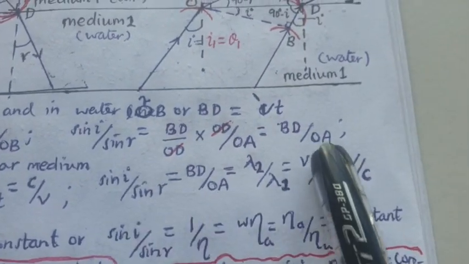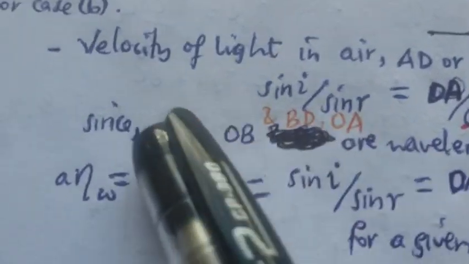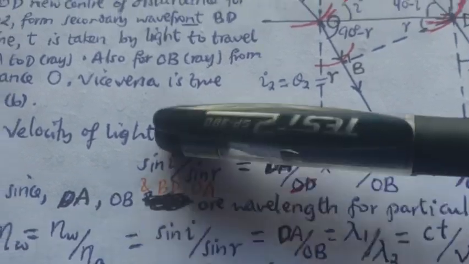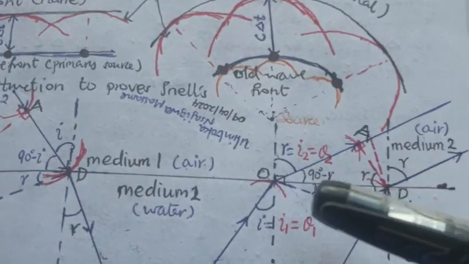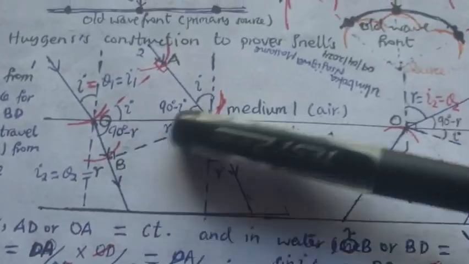We know that displacements DA and OB, and OA and BD, are wavelengths for the particular media.